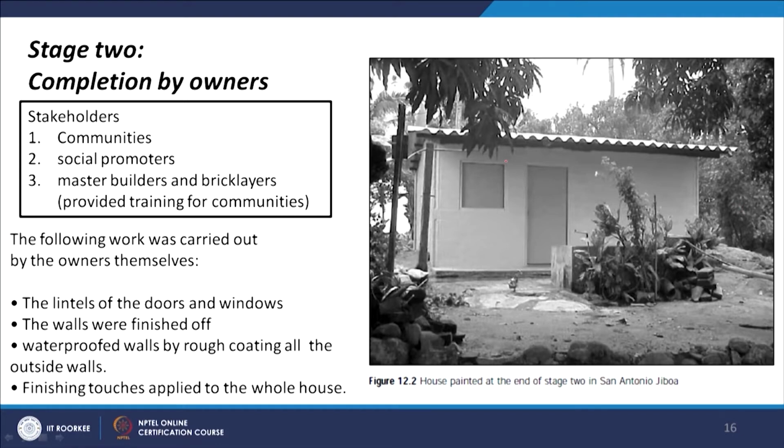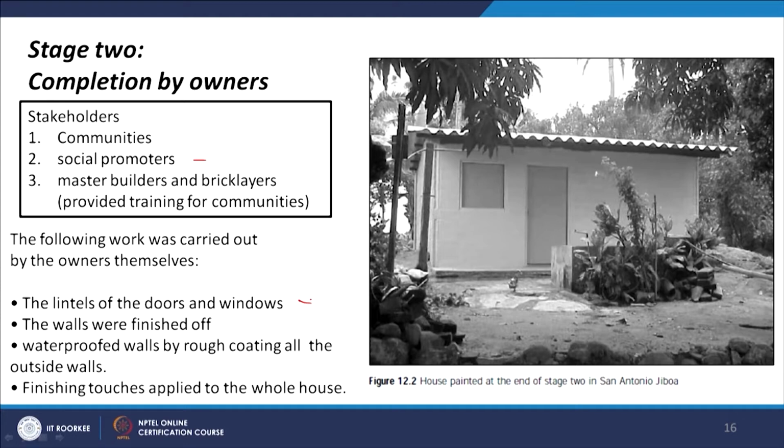They bought the doors and windows. And here, the master builders and the bricklayers, apart from the social promoters, provided training for the communities so that they understand the basic construction techniques, because that will help them tomorrow. If something happens, they can do it by themselves.